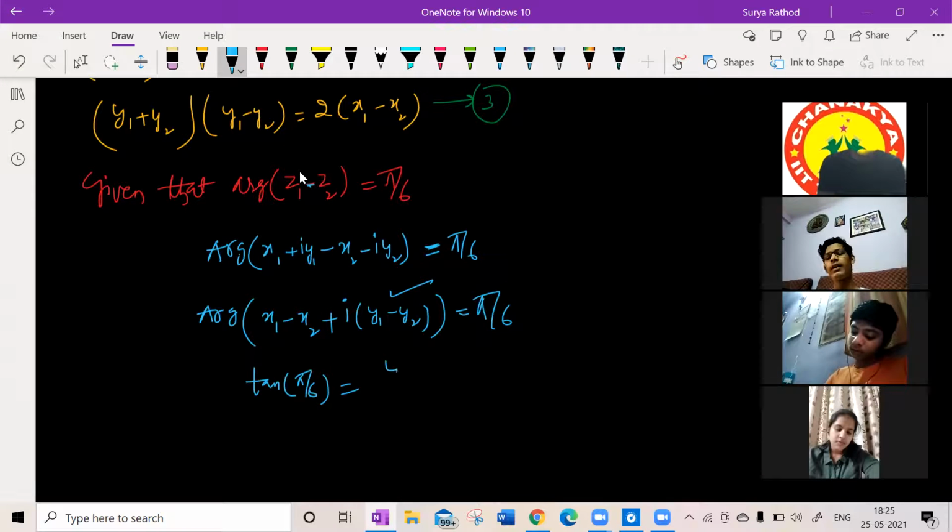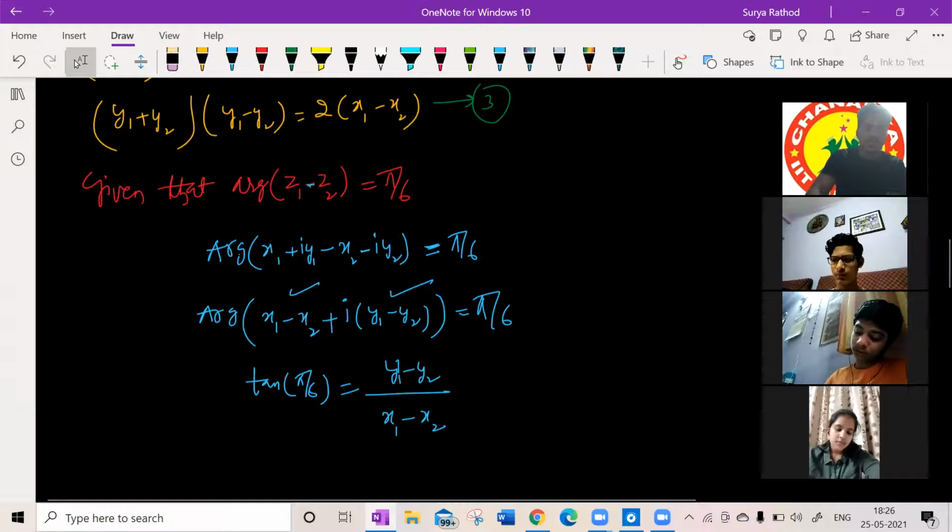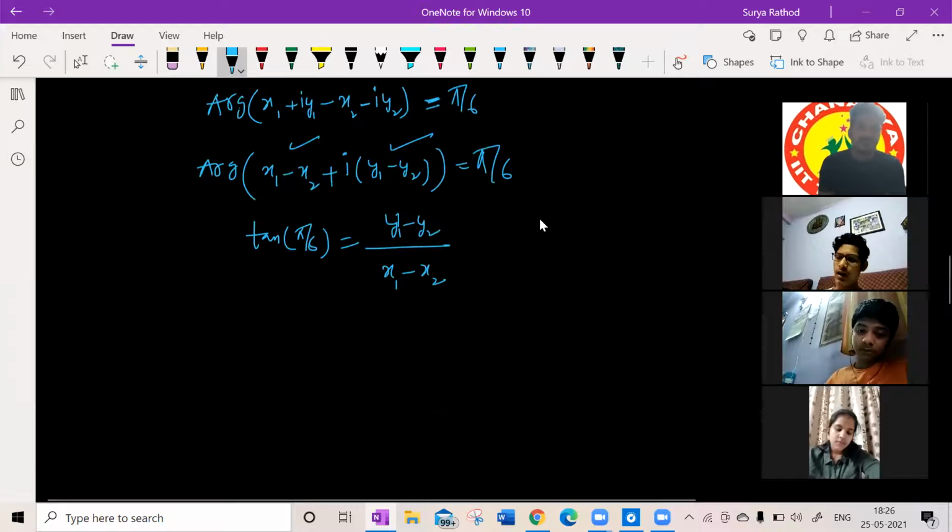What is the imaginary part? This one, y1 minus y2, divided by the real part x1 minus x2. So tan pi by 6, pi by 6 means 30 degrees. Tan 30, which is 1 by root 3, is equal to y1 minus y2 divided by x1 minus x2. Right?